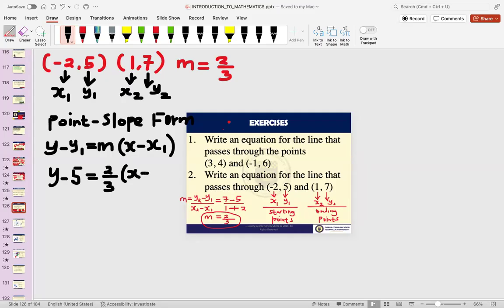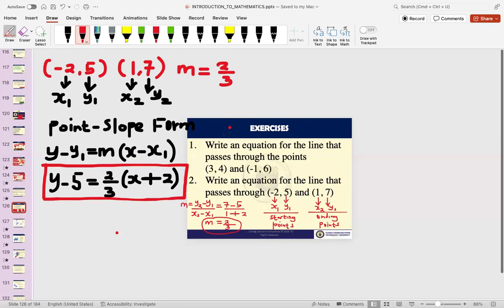The starting point of x, which is x1, in our question was -2. So we have x minus -2 like this. And I said when two negatives meet, they become positive. So this is the easiest. At the end of the day, this is our final answer for the point slope form.